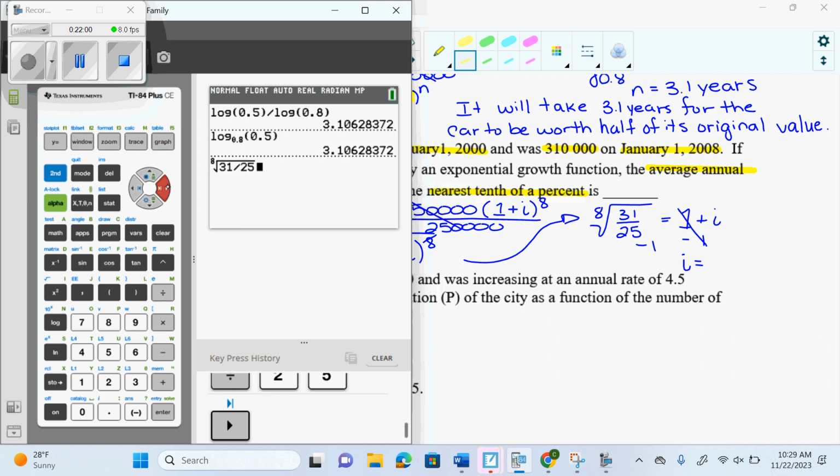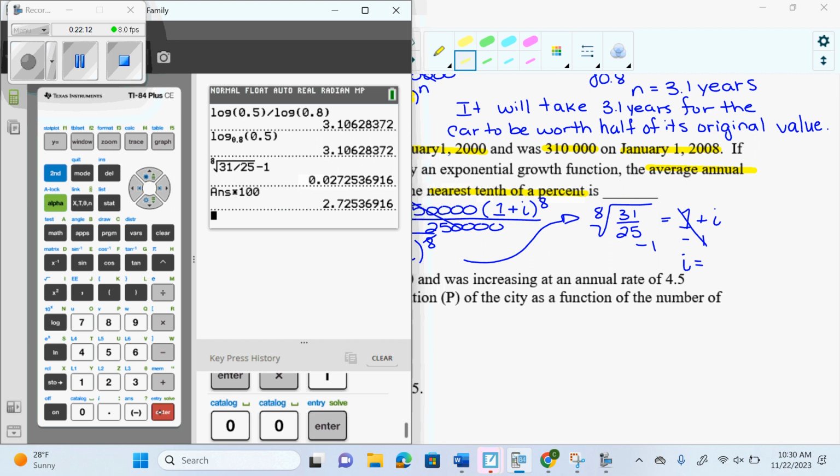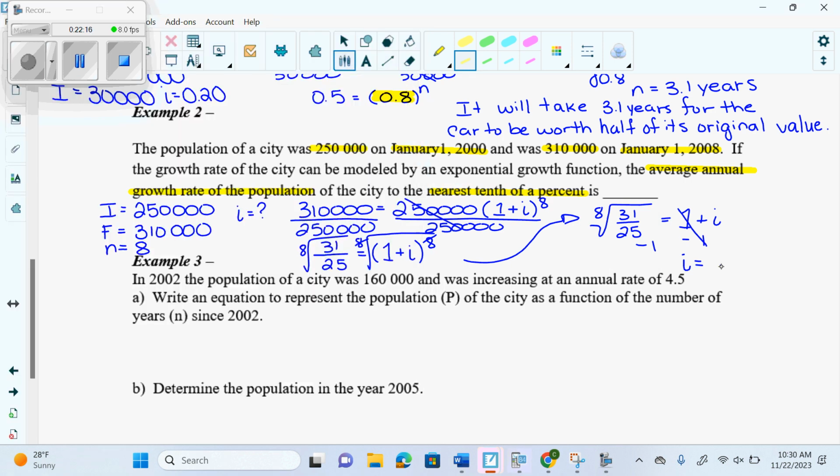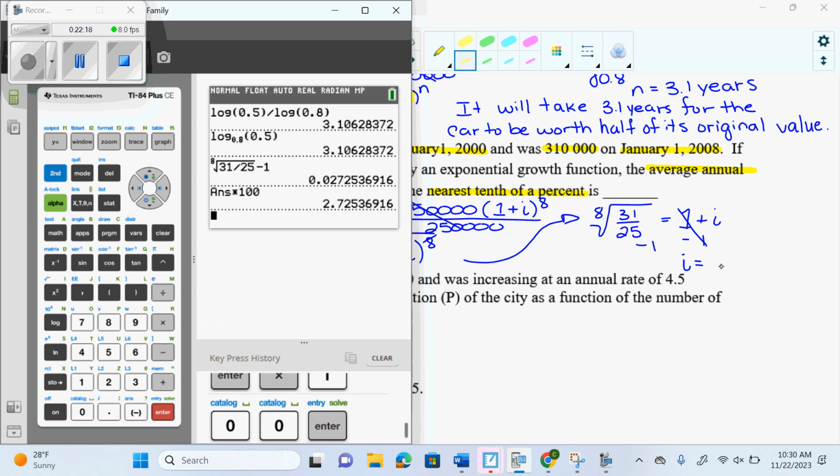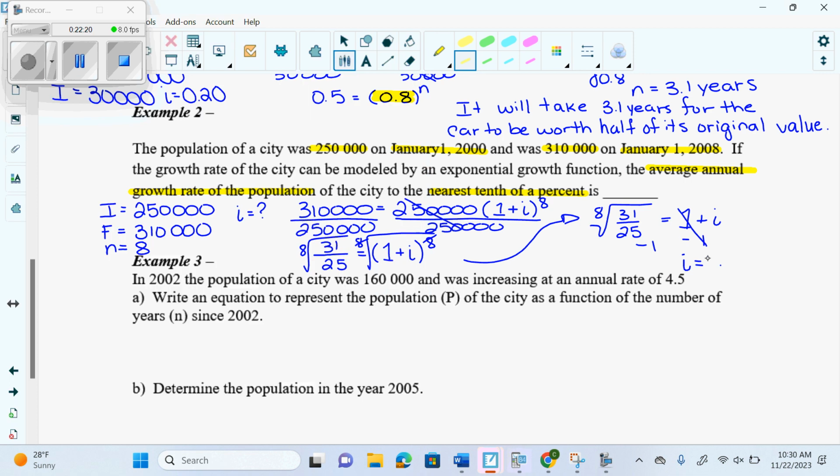Because it'll go 8th root and then it'll open a bracket. You have to go 31 divided by 25, close the bracket, and then subtract 1. Now I have to times it by 100. It wants the nearest tenth of a percent. So i is 0.02725. When I times that by 100, I get 2.7%.